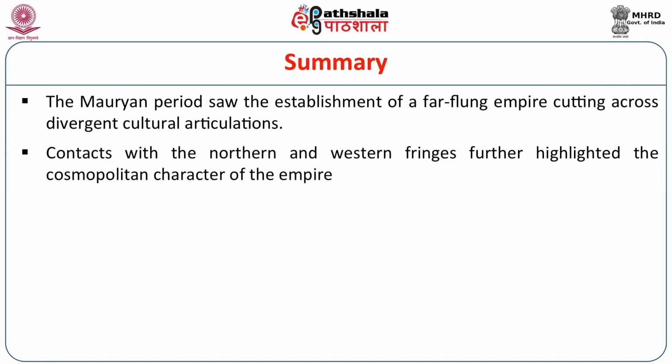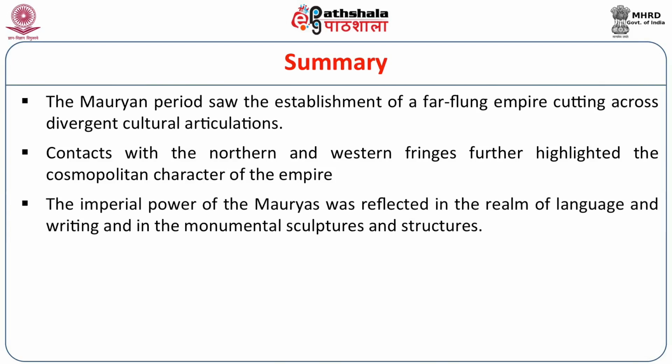Secondly, the contacts with northern and western fringes of the empire highlighted the cosmopolitan character of the realm. The imperial power of the Mauryas was reflected in the realm of language and writing, and as well in the monumental sculptures and structures.